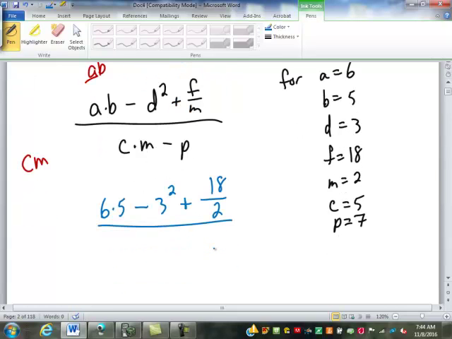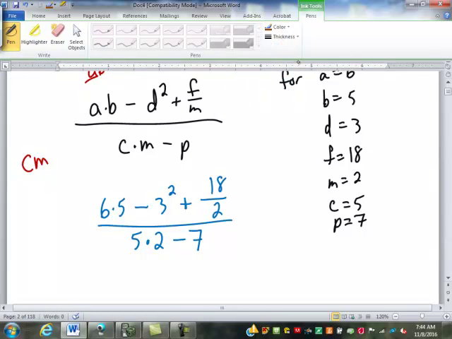So on bottom, c times m is going to be 5 times 2 minus 7. So any questions on how I put the numbers in there?